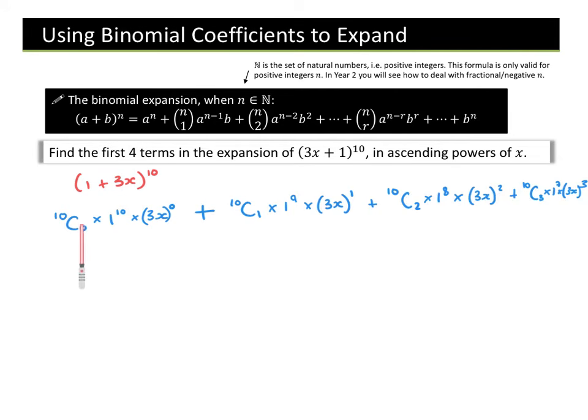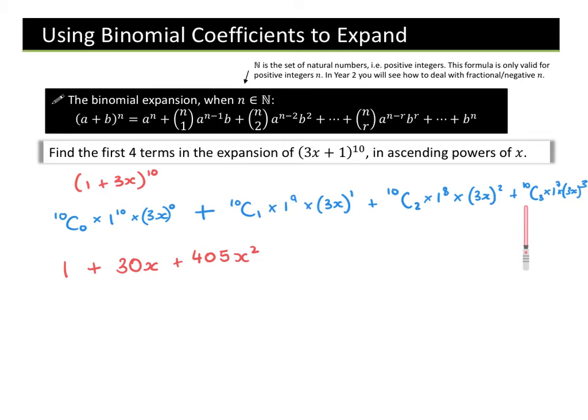Now I'm going to work this out. 10c0 in my calculator is 1 times 1 times 1. So my first answer is 1. Plus 10c1 is 10 times 1 times 3x, 30x. 10c2, no, I actually don't know this. What is it? 45 times 1 times 9x squared. 45 times 9? 405x squared.